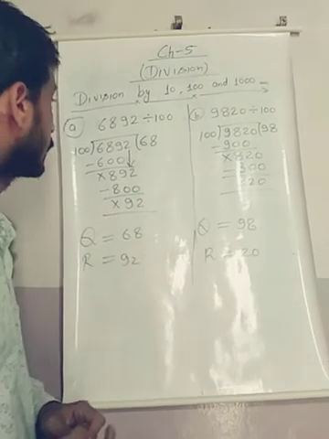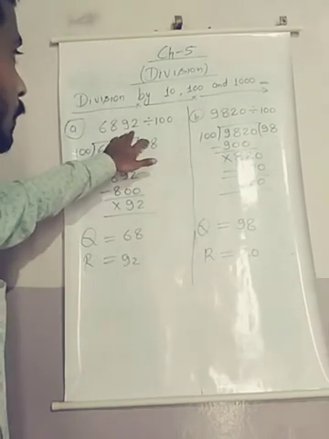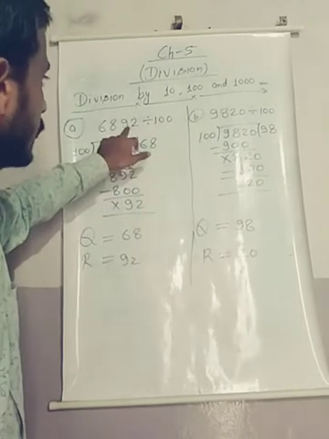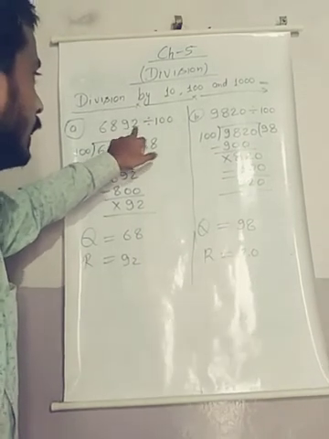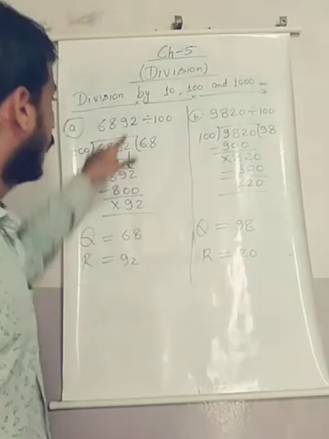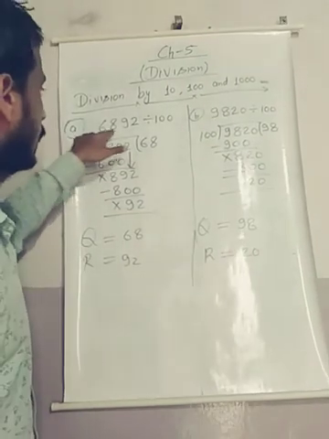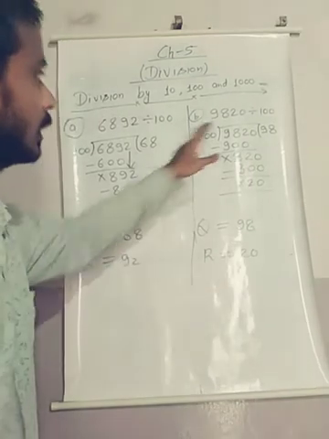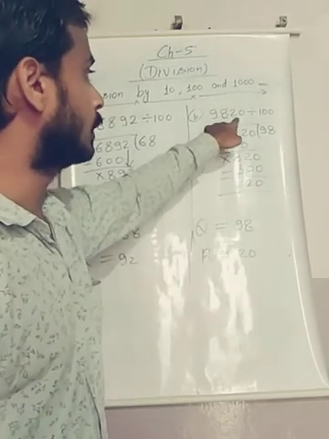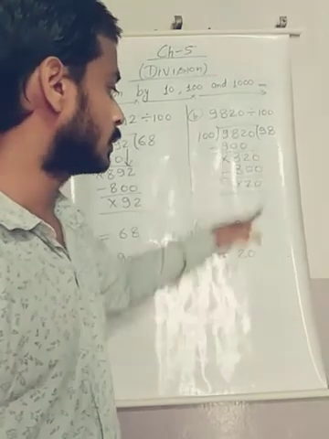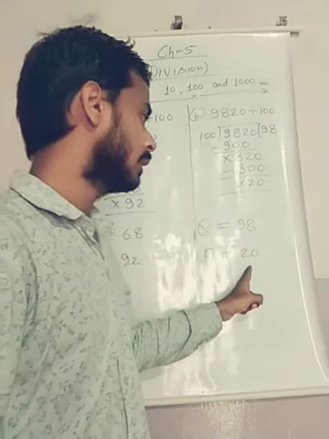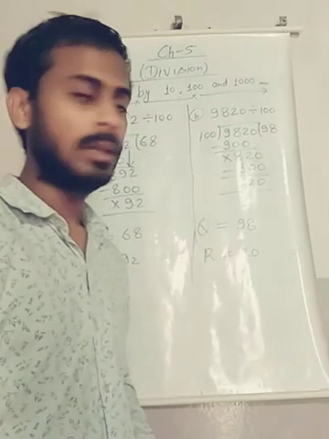See, when we divide a number by 100, the last two digits, 9 and 2, are remainder and the rest, 68, is quotient. In this case also, when we divide 9820, we get 98 as quotient and the last two digits 2 and 0 as remainder. Clear?